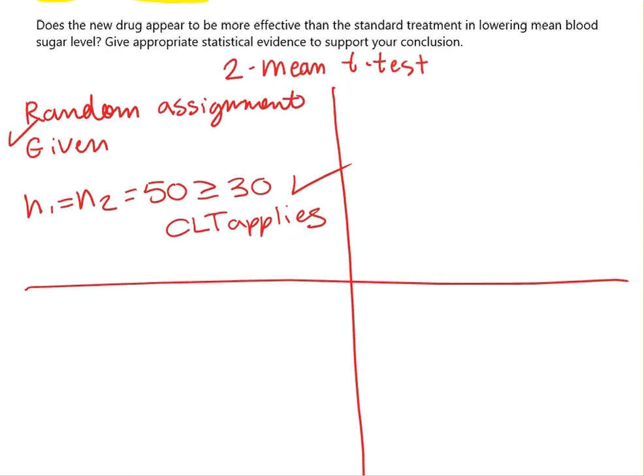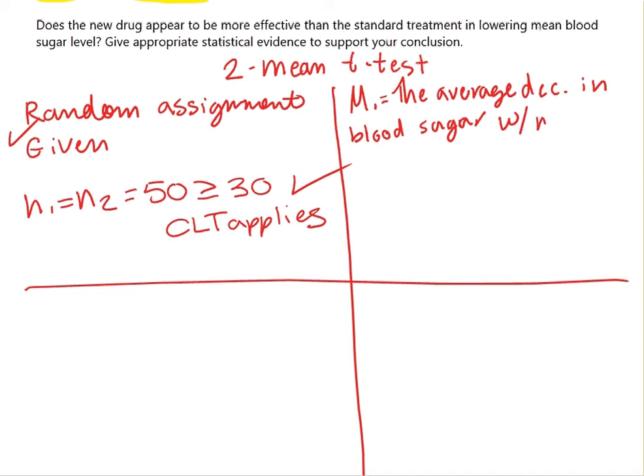Mu1 is going to be the average decrease in blood sugar with the new drug, and mu2 is going to be the average decrease in blood sugar with the old drug.